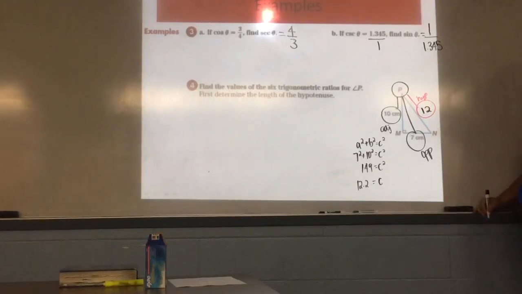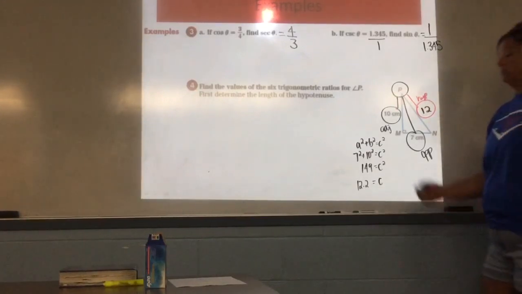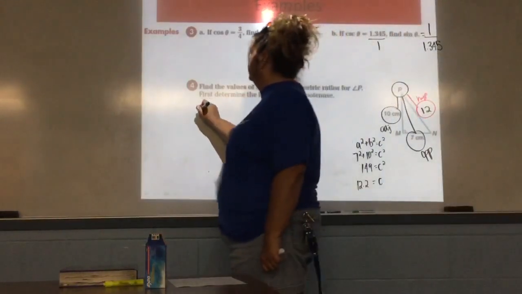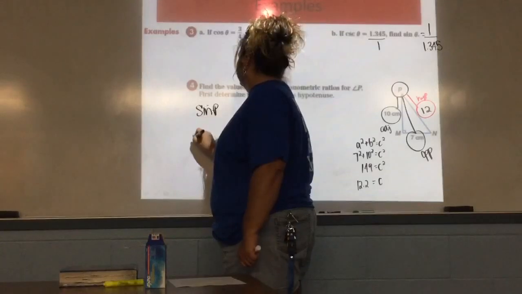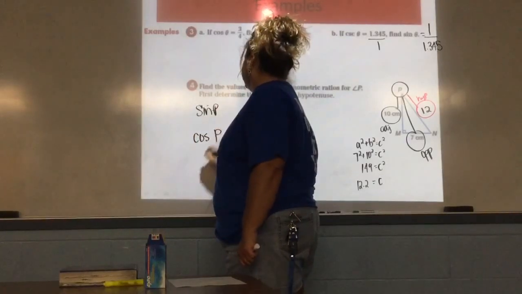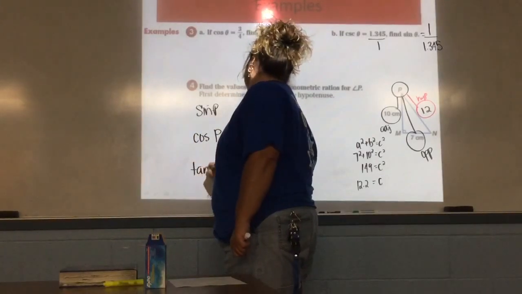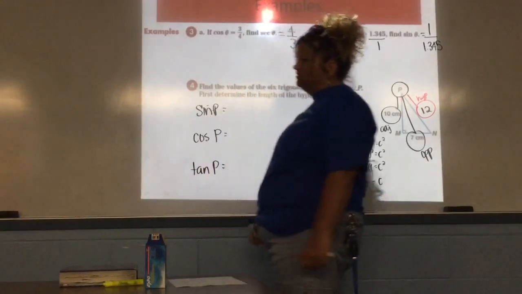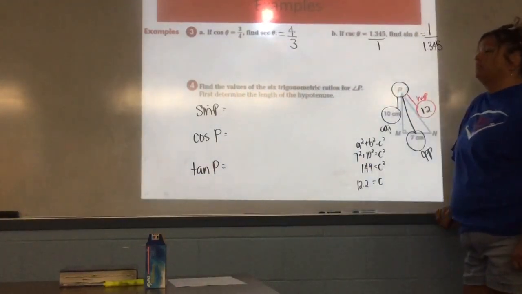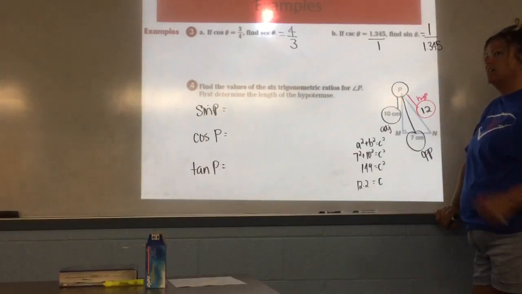So we're going to determine the 6 ratios. So I have sine of P, cosine of P, tangent of P. Sine is what over what? Opposite over hypotenuse.